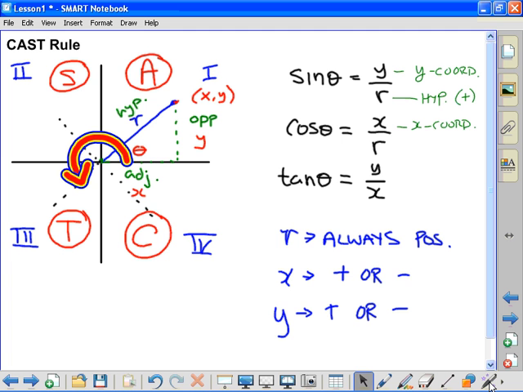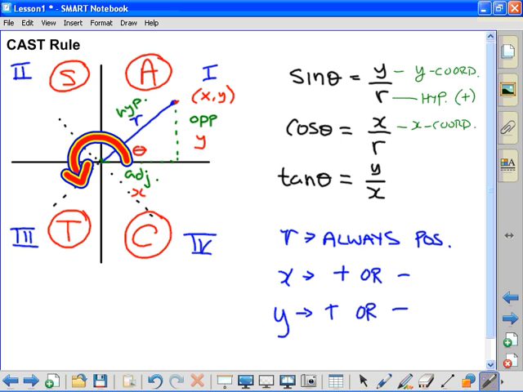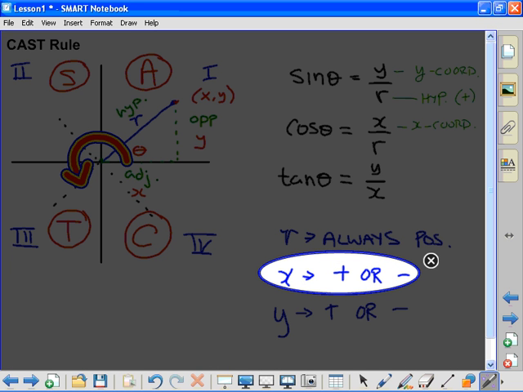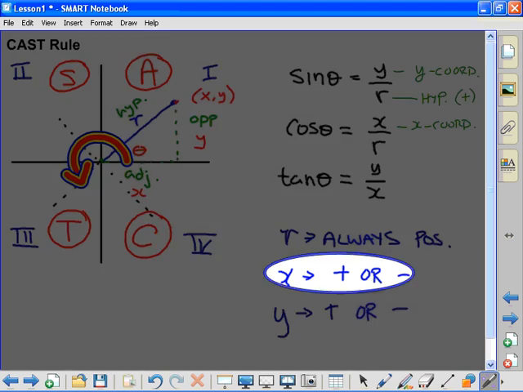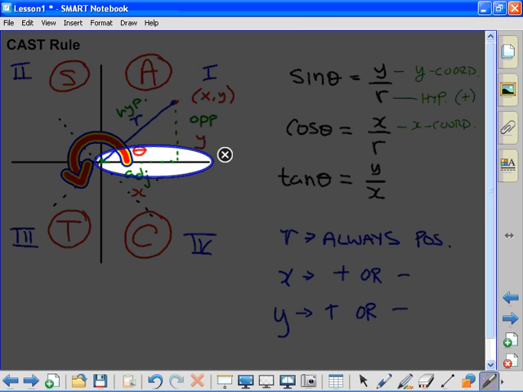So down below here, I've already got that stated. r is always positive. It's the length of the terminal arm. The length of a terminal arm is always a positive measurement. And your x value can be positive or negative, depending on which quadrant you are in. If you're in quadrants 1 and 4, your x values will be positive.